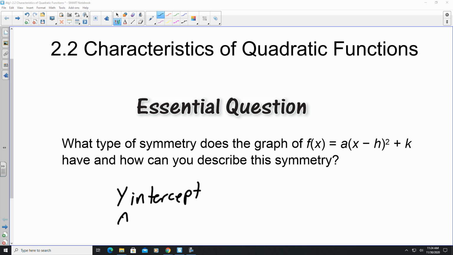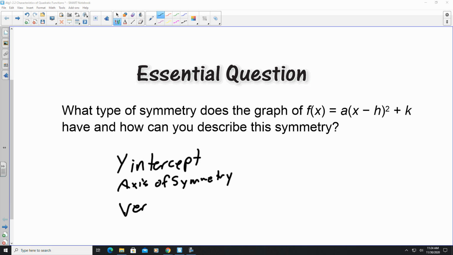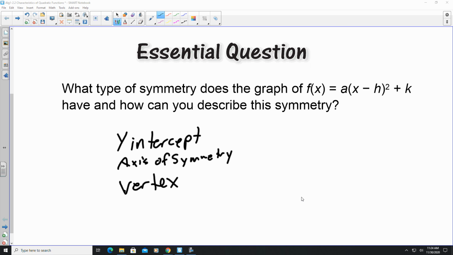We were looking for the axis of symmetry. We were looking for the vertex, excuse me. And then finally, we were looking for the x-intercepts if it so had any. So those were the main points that we were going for.